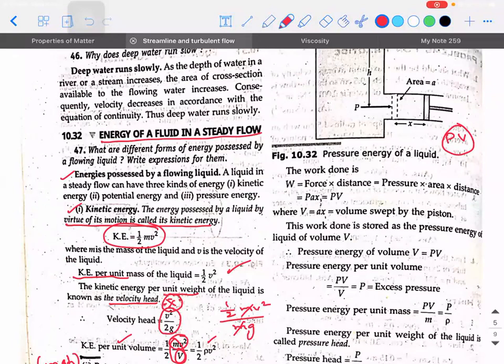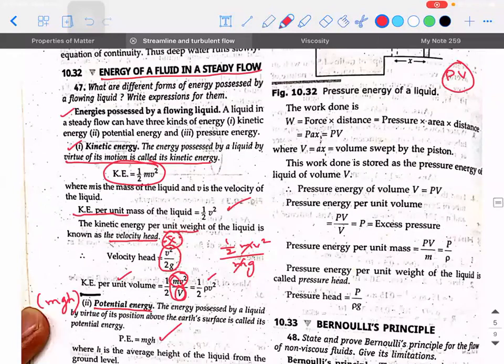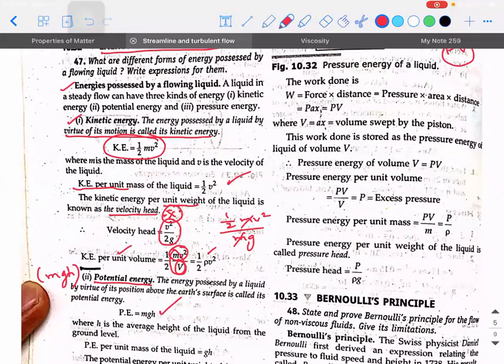Now, similarly, if I have to define pressure energy per unit volume, what is it going to be? It is P into V divided by V. V and V will get cancelled. So pressure energy per unit volume is nothing but the excess pressure that is acting. Then if I have to define pressure energy per unit mass, it is given as pressure divided by density.